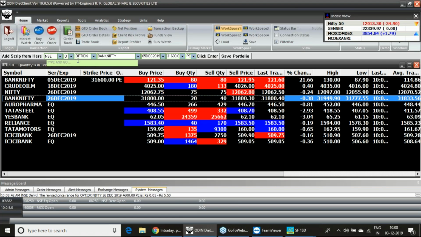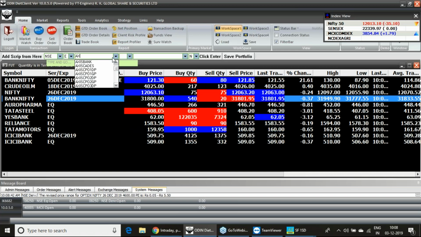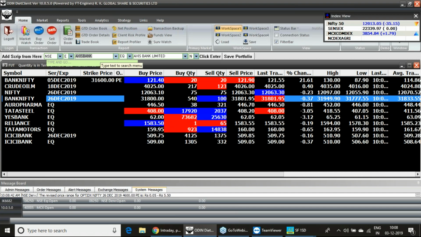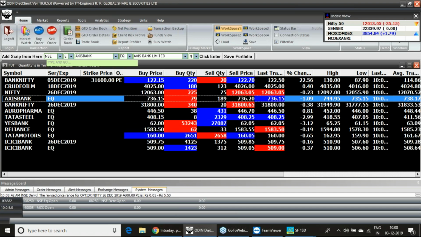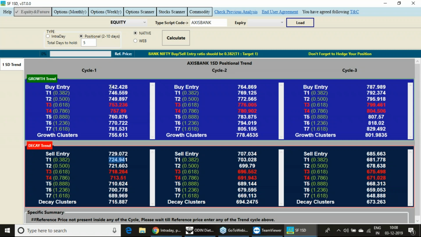If you see what price Axis Bank equity is trading at, 736 it is trading now. 742 above I can buy. Keep a stop loss of 725. These are the targets. So this is how you can generate the weekly level and positional level.